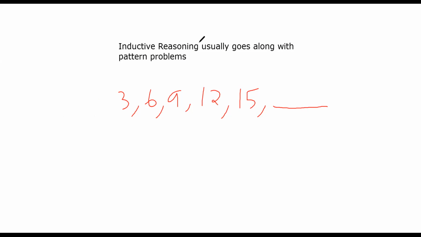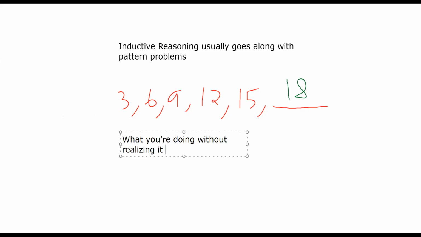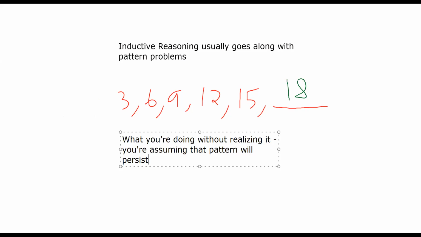So you're tempted, and usually that temptation is fine. You're tempted to put an 18 there because that's 3 more than 15, and that seems like it would be the next step in the pattern. What you're doing without realizing it, you're assuming that pattern will persist.